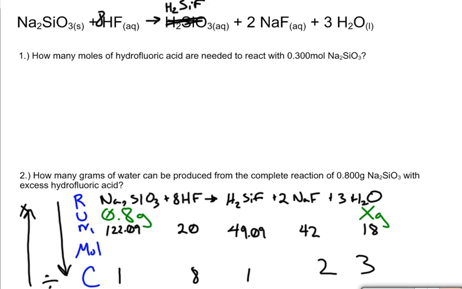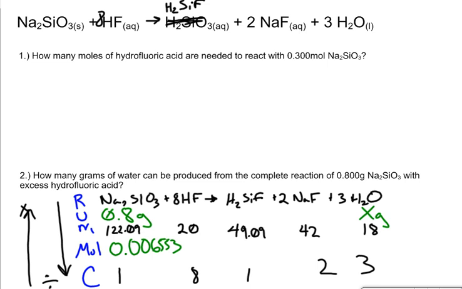Since we already know the molar mass of sodium silicate, we can go ahead, and as we go down, we're going to divide. As we go up, we multiply. So 0.8 divided by 122.09 gives 0.0065553.